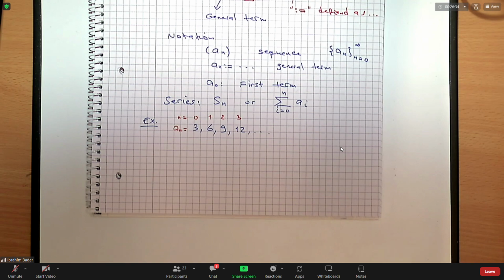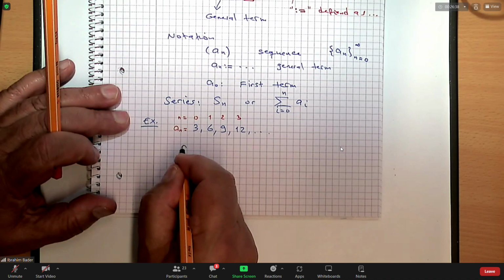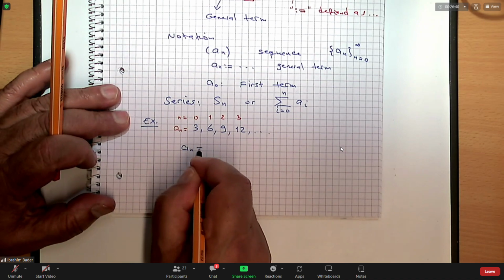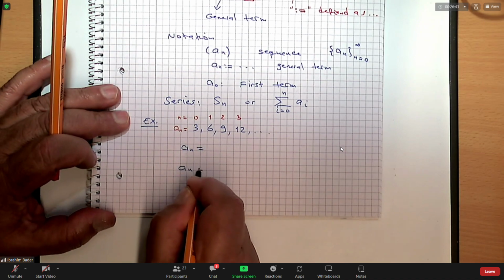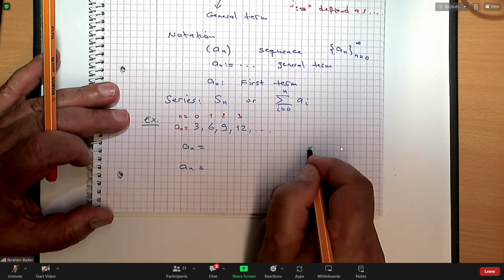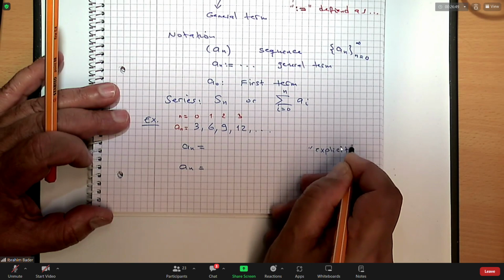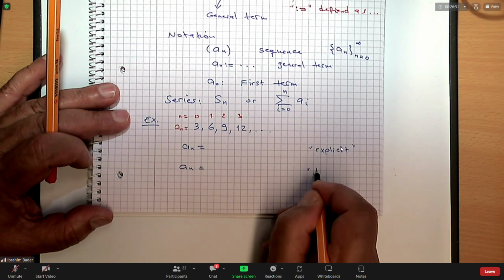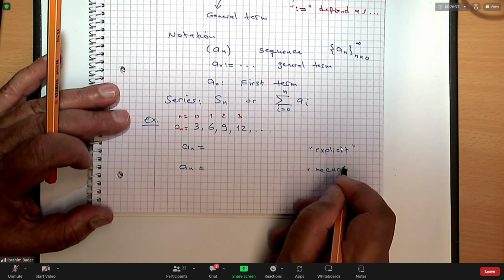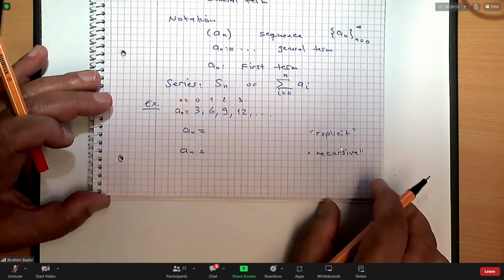We will give two formulas here for a_n: as explicit and as recursive. I told you in many cases you can give it as both.